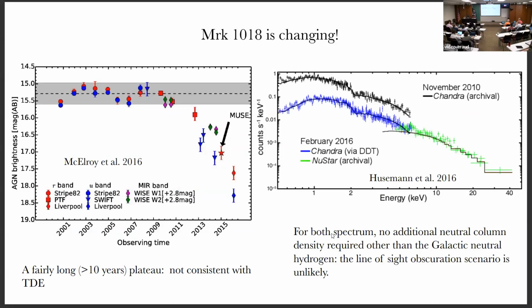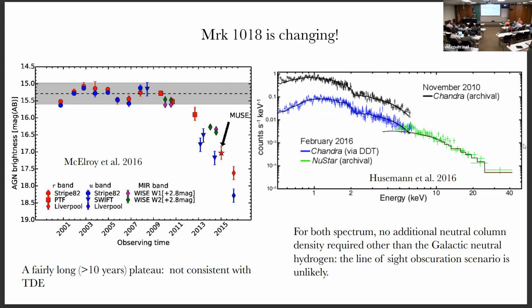And these are the photometry starting from around 2000, and it stayed more or less constant. Then as time goes on, it gets dimmer and dimmer and dimmer. And the right-hand side is the X-ray spectrum obtained by Chandra and NuSTAR, and the combined spectrum around either 2010, black, and 2016, blue and green.